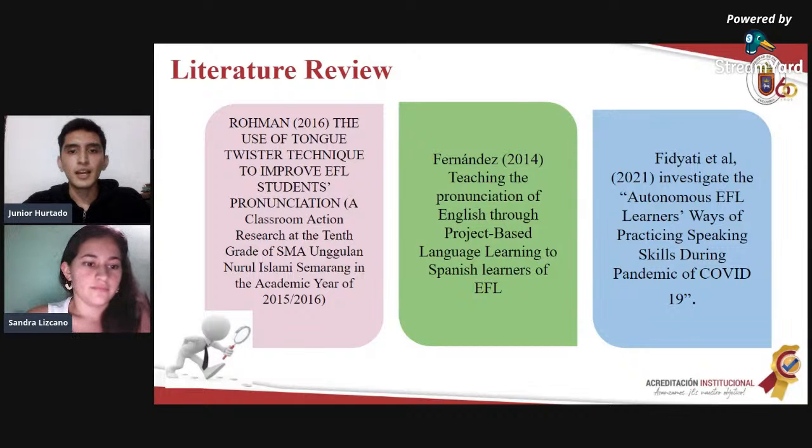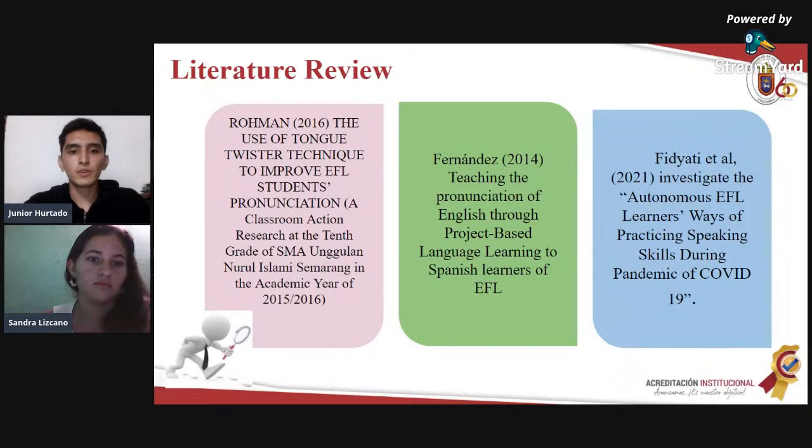The author displayed the advantages of using tongue twisters to improve the students' pronunciation, and also noticed that sometimes the practice accomplished the task, but the students felt interested and more engaged in continuing with this strategy.